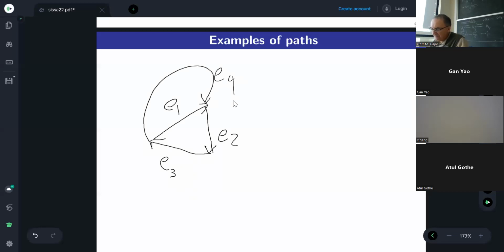So I can just take the boring path E1, E2, E3, but I can do this: I can go E1, E2, E3, E4, E2, and E3.